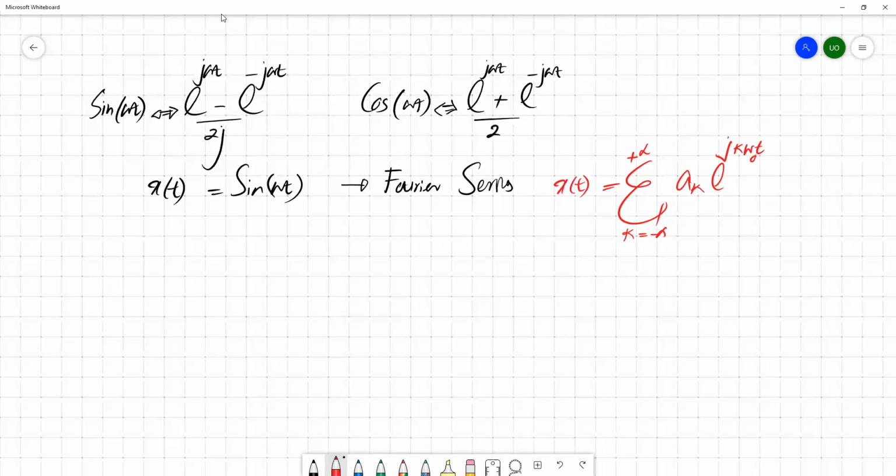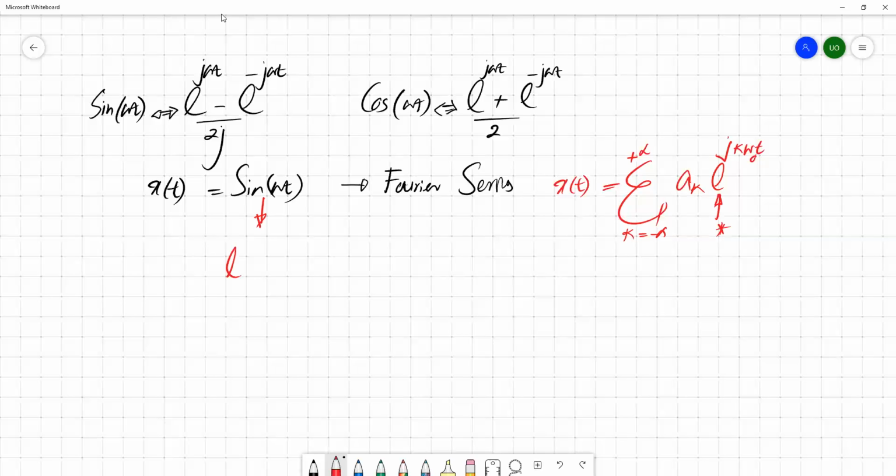The very simple idea here is that x(t) is represented using complex exponential functions. If you can convert x(t) into complex exponential functions, then that gives the Fourier series of x(t). Based on that, we convert this into complex exponentials by applying this transformation.